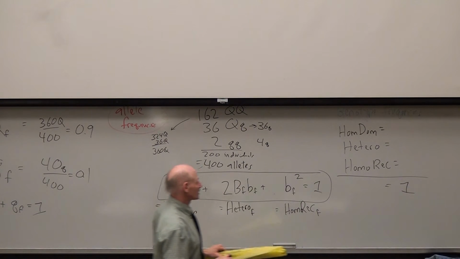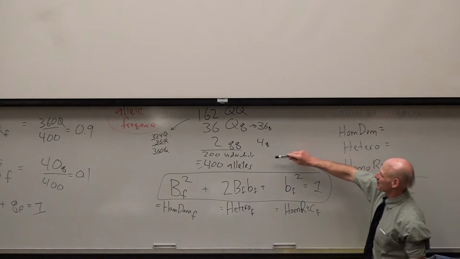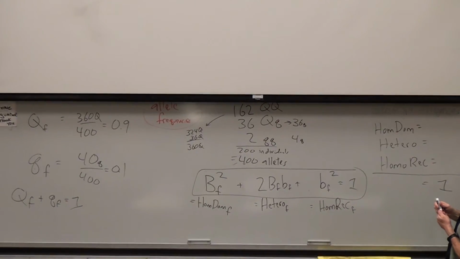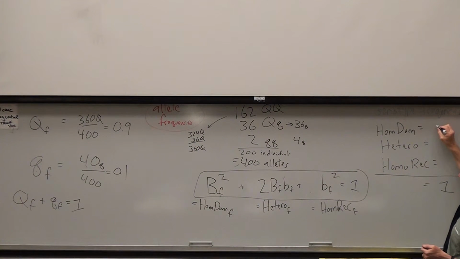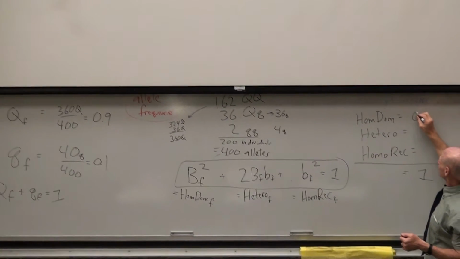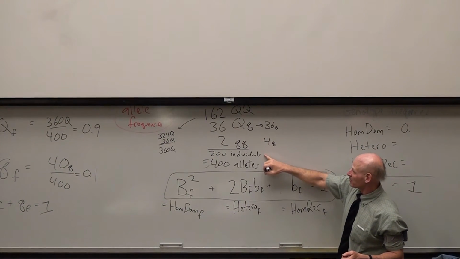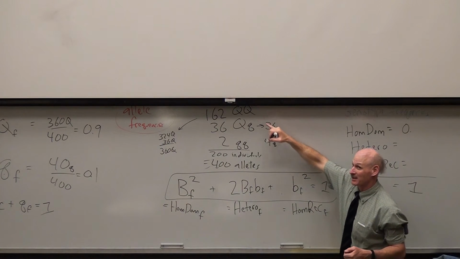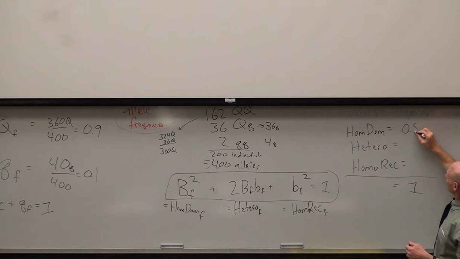All right, so let's go over here to the genotype frequencies. We know there's 200 individuals. What's the genotype frequency for homozygous dominant? Out of the 200 individuals, what portion are homozygous dominant? It's going to be, I think 0.81, right.